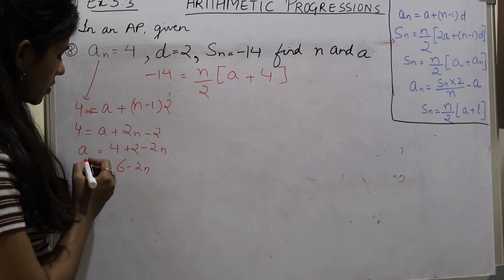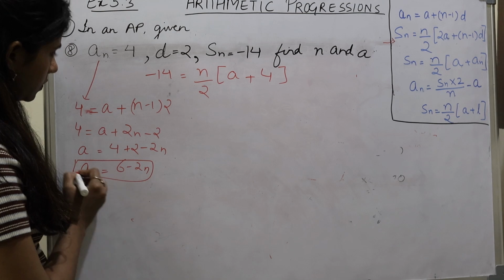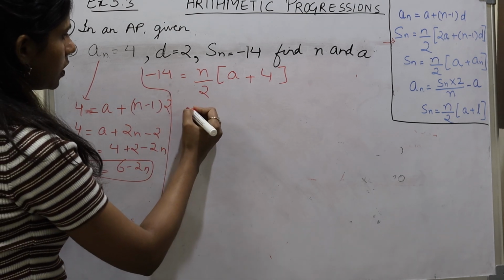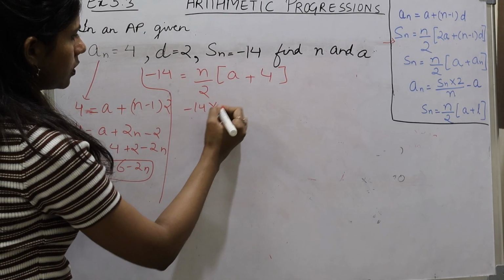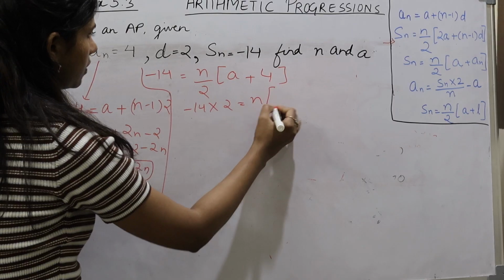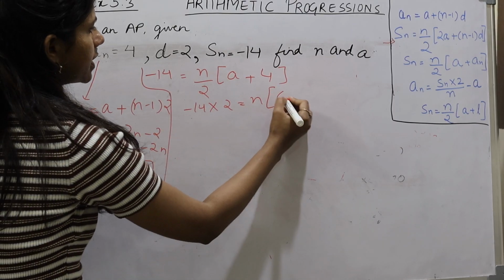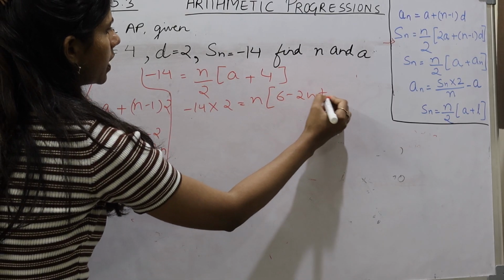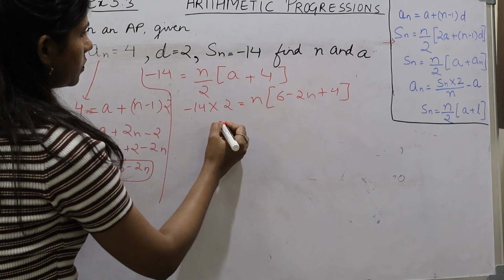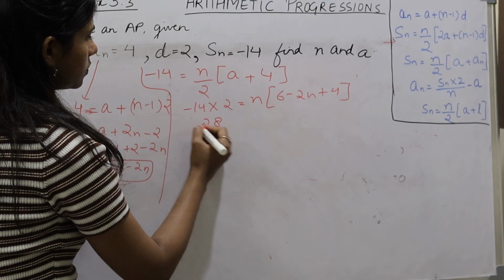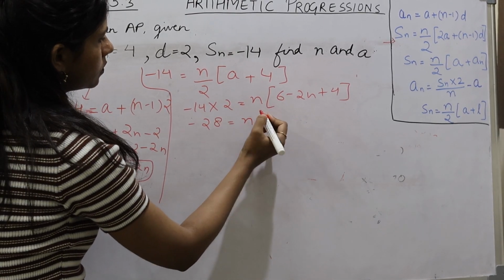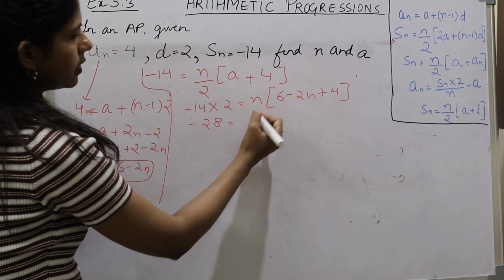Okay, let's use this value here. So n, a is what? 6 minus 2n plus 4. Okay, so we will just take this n inside.